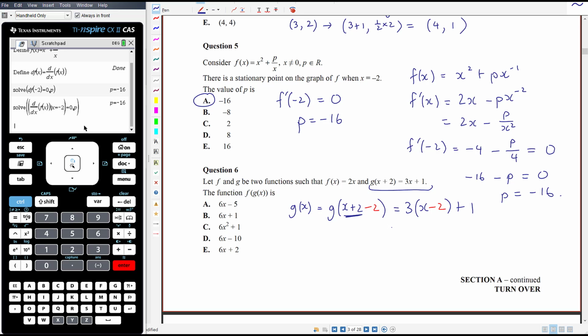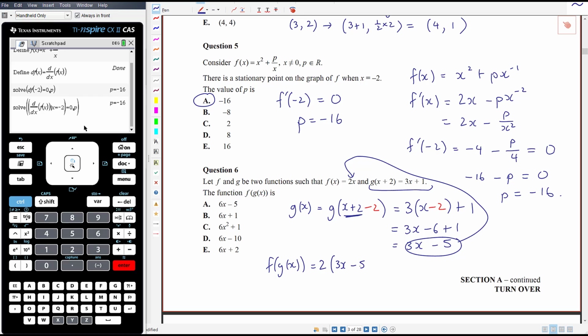Okay, so g of x will have the rule, what's that going to be, 3x minus 6 plus 1, so 3x minus 5, and so therefore then f of g of x is about substituting 3x minus 5 into f of x, so it's going to be 2 times 3x minus 5, which is 6x minus 10, so option D.